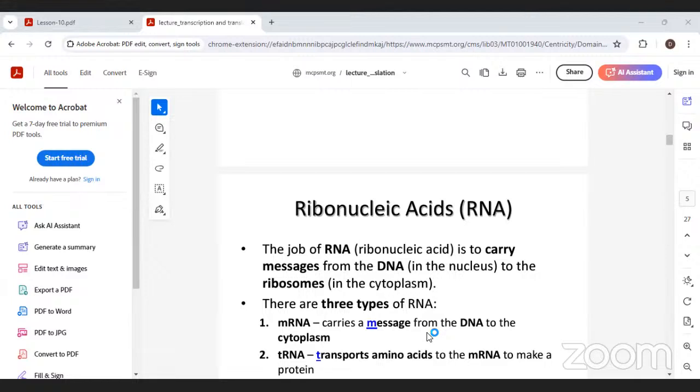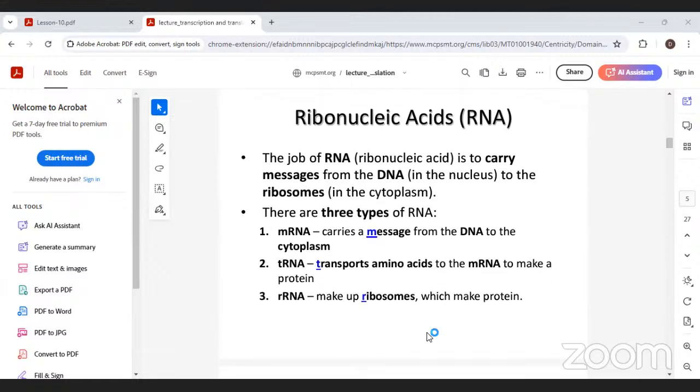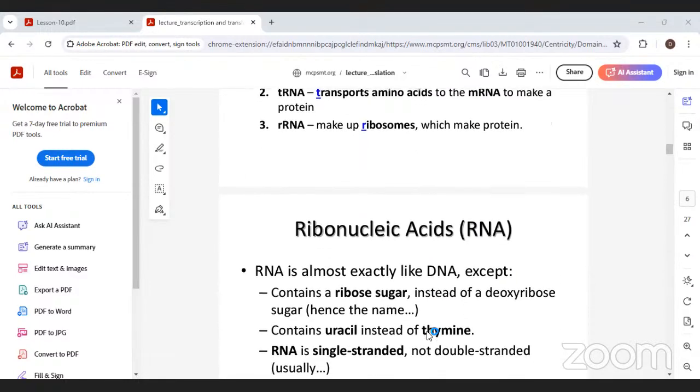This is the mRNA function. tRNA, transport RNA, carries amino acids to the mRNA to make the protein. rRNA makes up the ribosome, which makes protein.